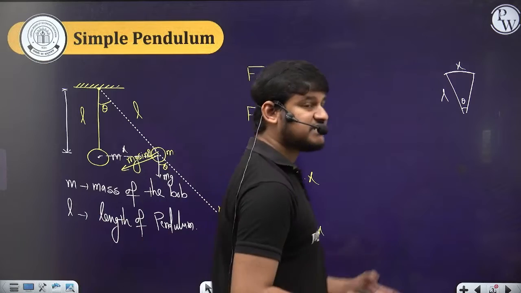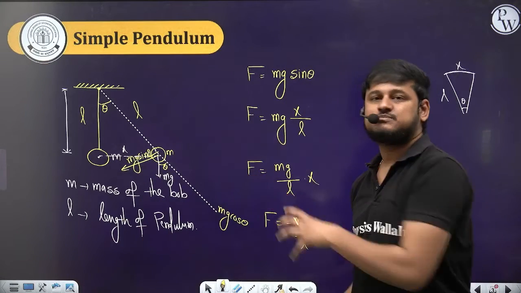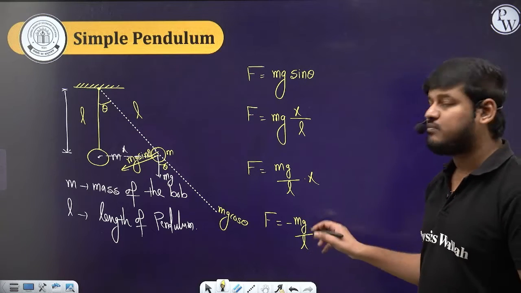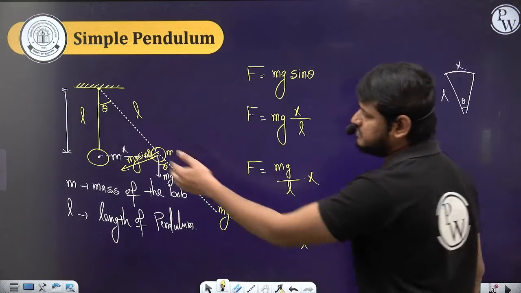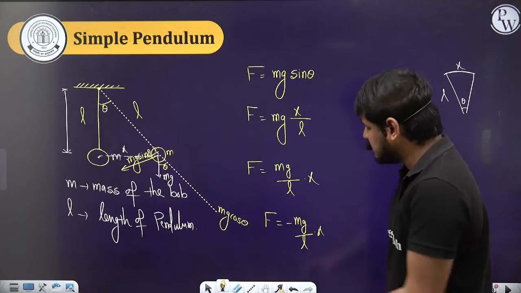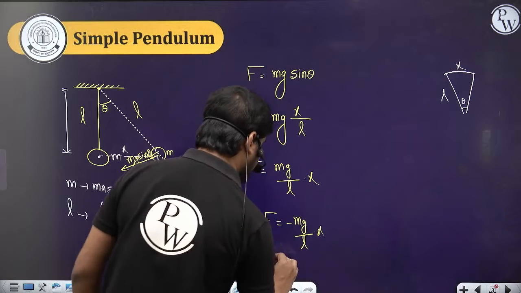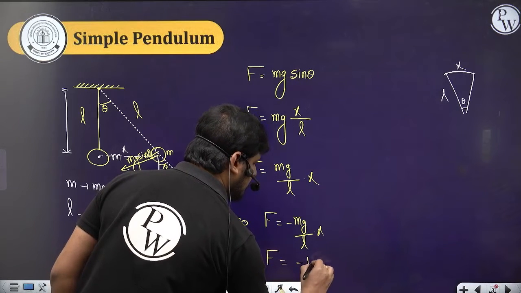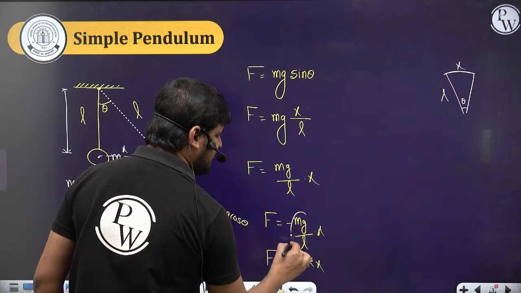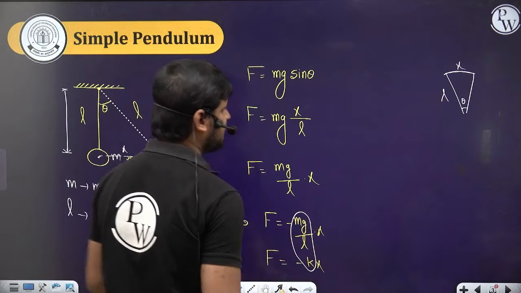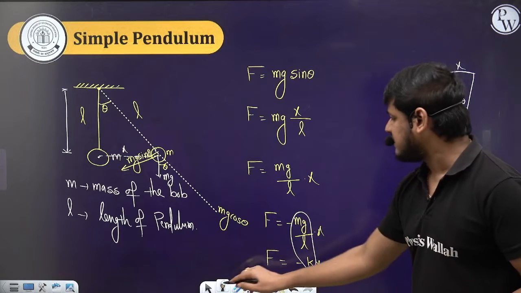We have to express the force that we got after displacing the body in the form of F is equal to minus kx. Because the displacement and force are in opposite directions, I kept minus here. If you compare, in place of k we have got mg by L, not kL, mg by L.